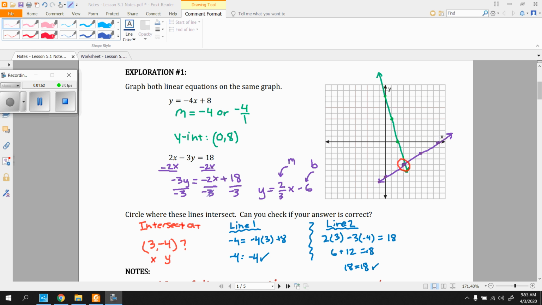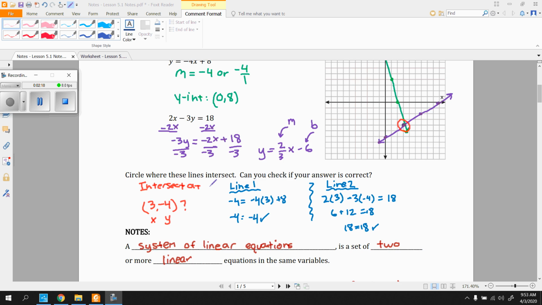Negative 2 over negative 3 was positive 2/3, and 18 divided by negative 3 is negative 6. There's my slope, 2/3, and my y-intercept, negative 6. So to graph it, I started at 0, negative 6, and went up 2 over 3, up 2 over 3, up 2 over 3. That's just a straight review of graphing.